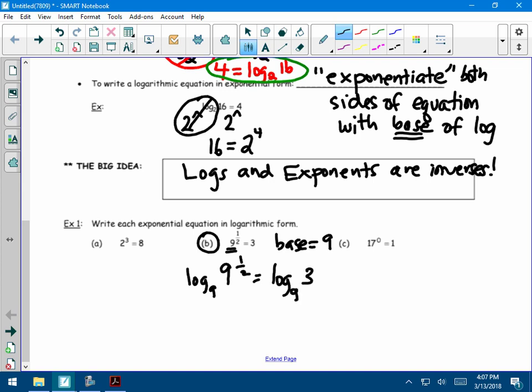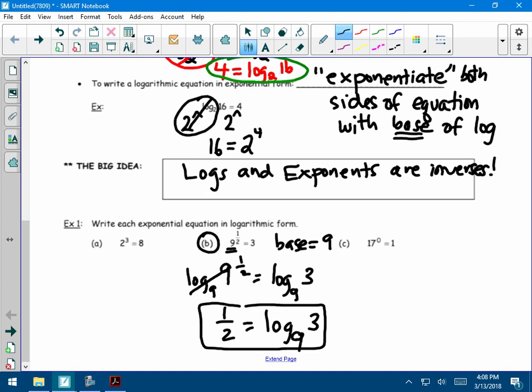So keep the base the same on both sides. This cancels, and now here it is in logarithmic form. So that means log base 9 of 3 equals 1/2. You can do the same thing with the other two.